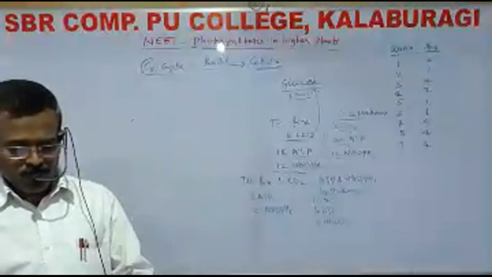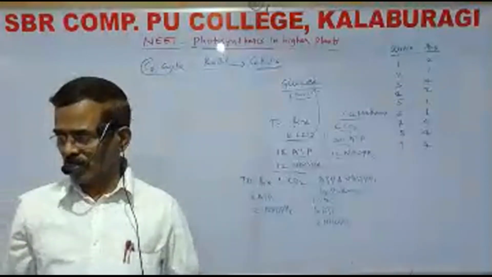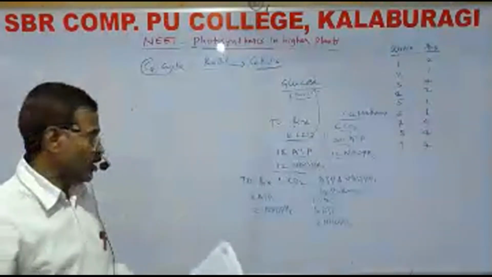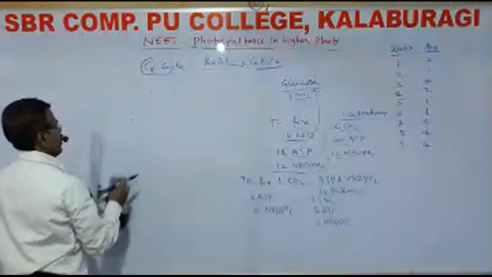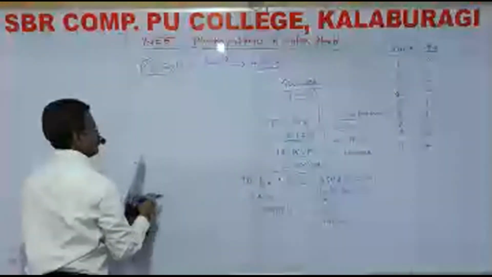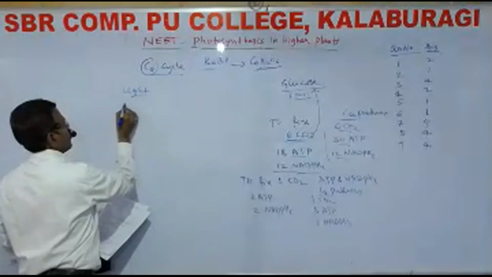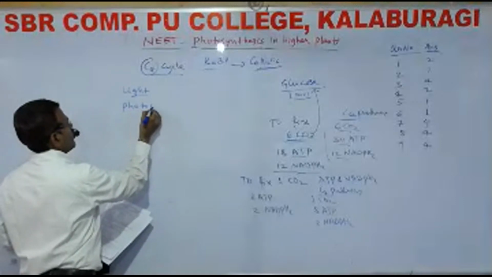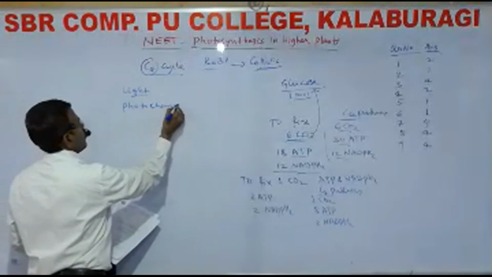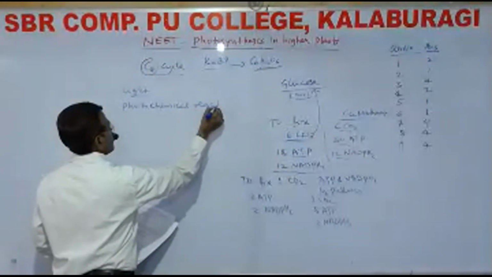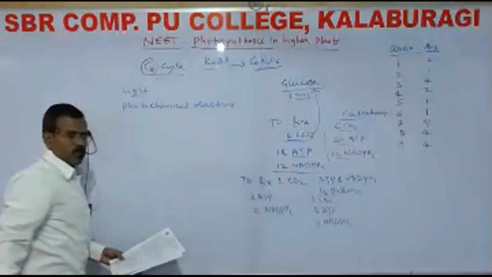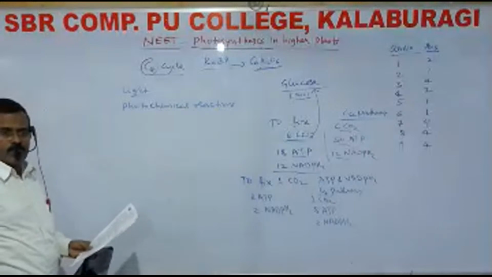If the light becomes unavailable during photosynthesis: when light is there, usually you can see operation of photochemical reactions, light reactions.